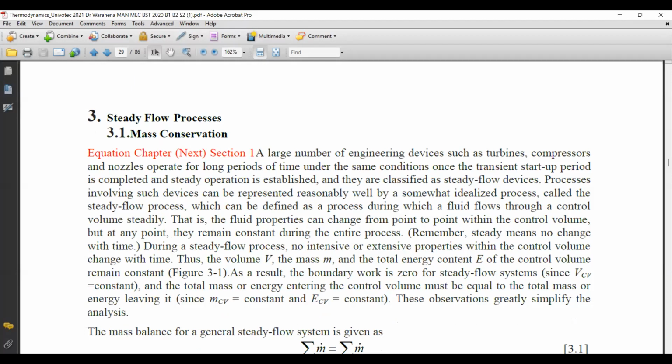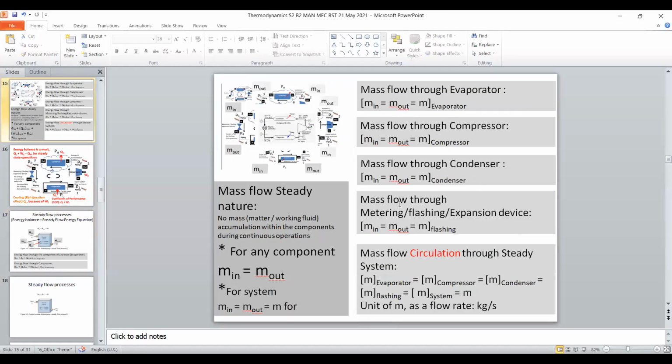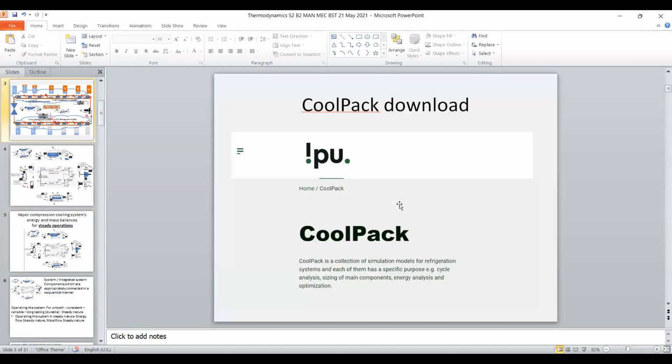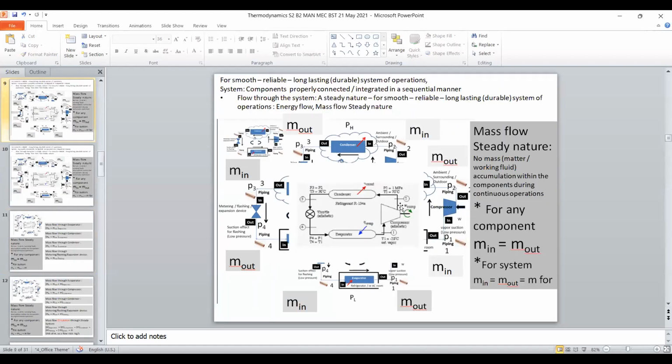So here in our discussions, you can see a steady flow process taking place.